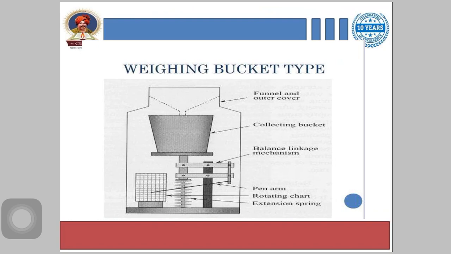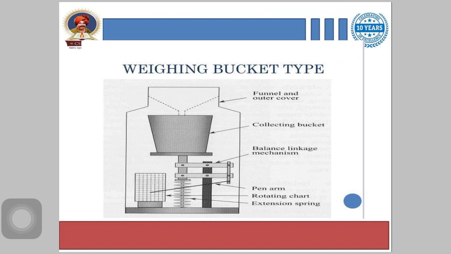A pen arm is provided, and at the left side we can see the revolving drum with wrapped graph paper, and rotating chart plus extension spring are also provided, and there is a balance linkage mechanism.